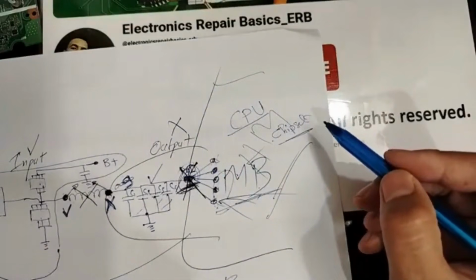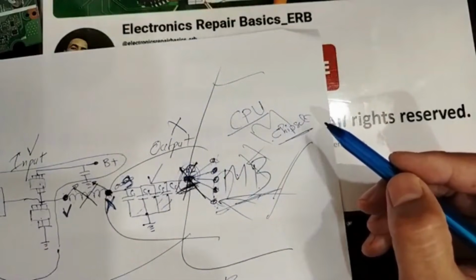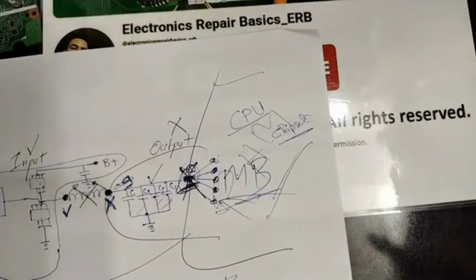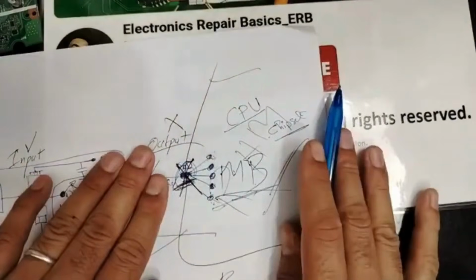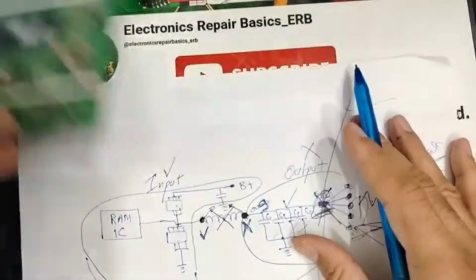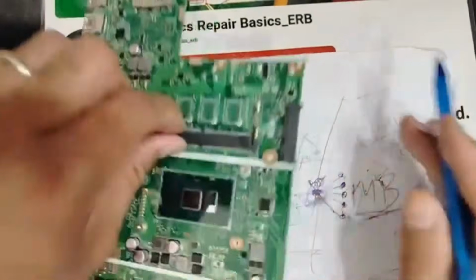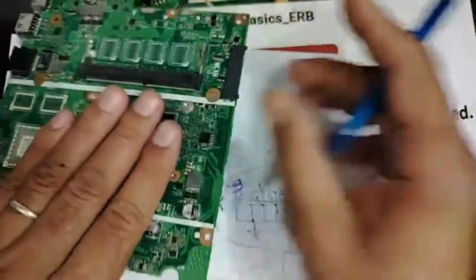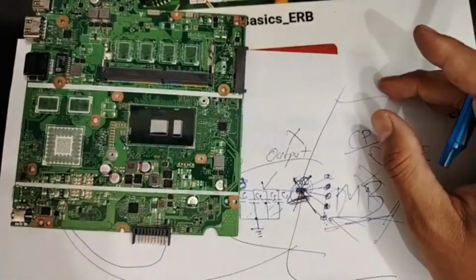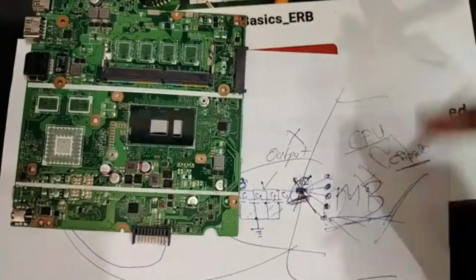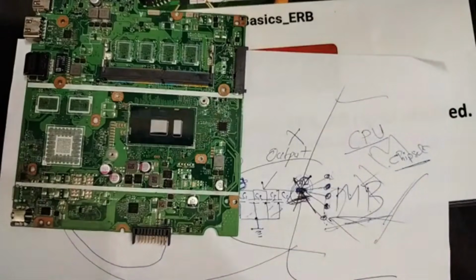Guys, I hope that you understand the process. Unfortunately, we don't find any component here. We find the output, but we find the slots. Also guys, the CPU socket for all the motherboards could be shorted.